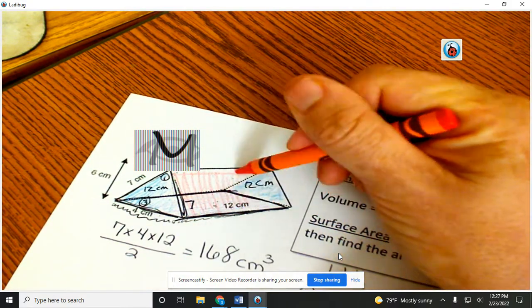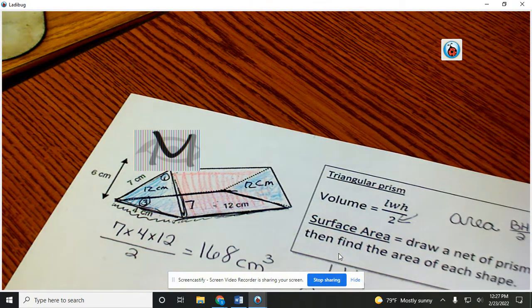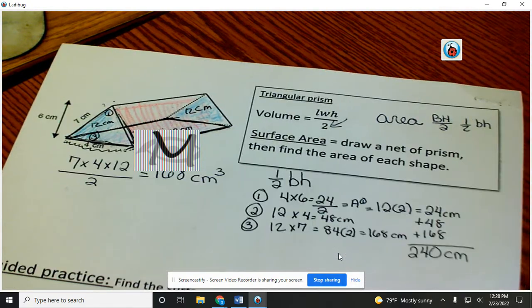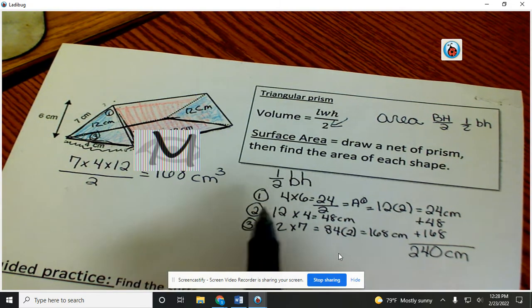If you were to fold this down, you'll see all of these different shapes. So we did 168 plus 48 plus 24. The surface area is going to be 240 centimeters. So that is the surface area of the triangular prism.